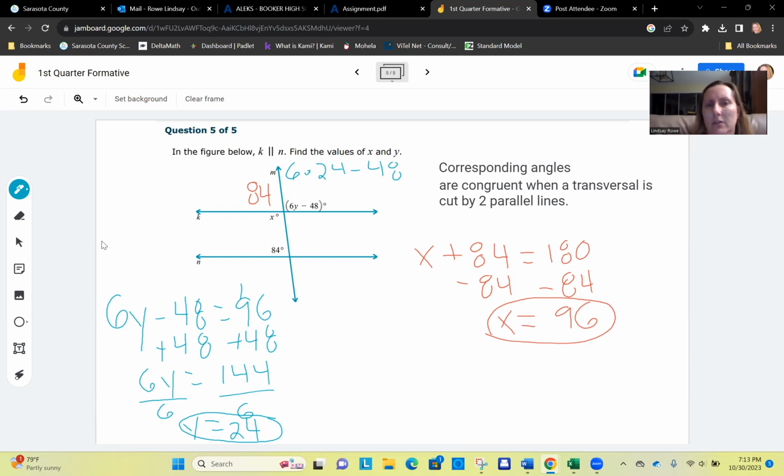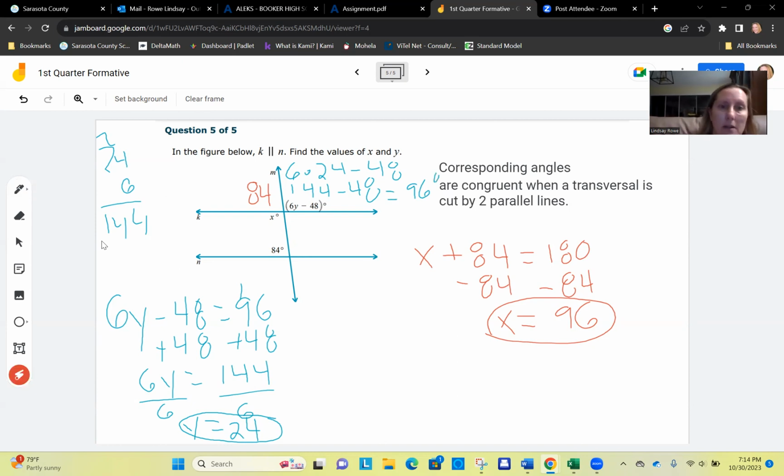It should give us the 96 that we said was equal to x. So 24 times 6, I'm just going to come over here and do that. 6 times 4 is 24. 12, 13, 14. That's 144 minus 48. And yeah, I do get 96. So that makes sense.